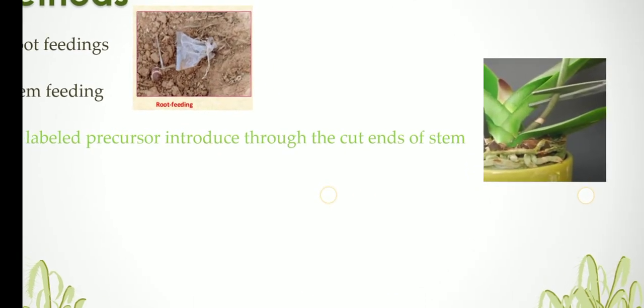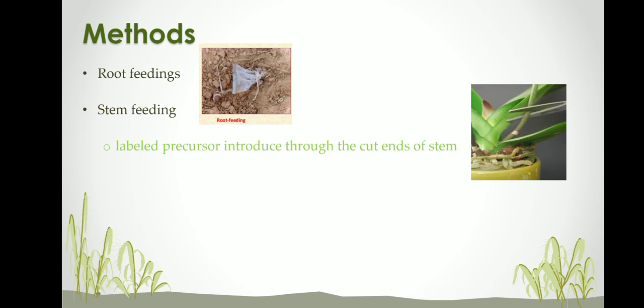A small cut is provided in the stem and through that we can introduce the radio labeled precursor solutions into the plant. So root feeding is directly introducing into the root. Stem feeding means a small cut is provided in the stem and through that cut end we can introduce that radio labeled precursor solution.